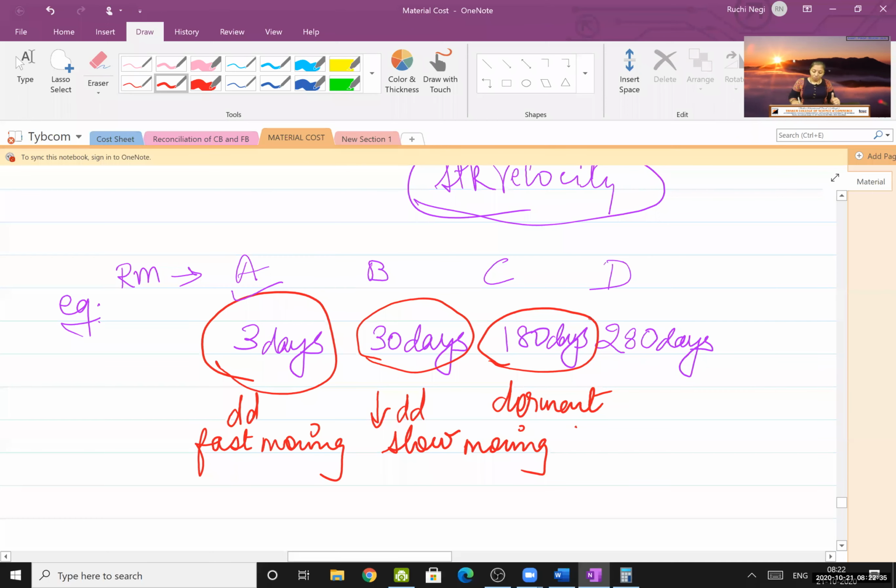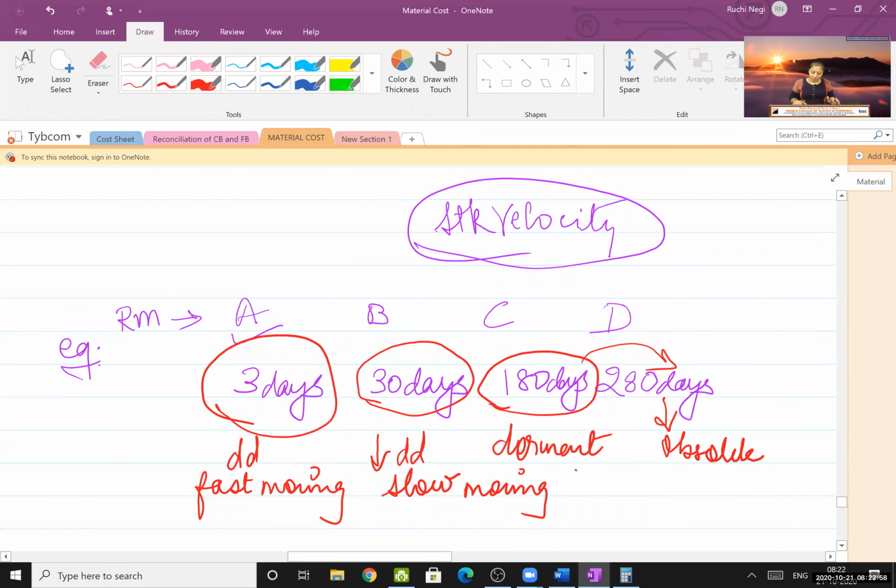बाप रे, और ये तो इससे भी ज्यादा, 280 days मतलब almost a year. In a year there are 365 days. Almost a year it is taking to get converted into sales. So such is an example of obsolete raw material or obsolete goods. Understood what I'm trying to say?